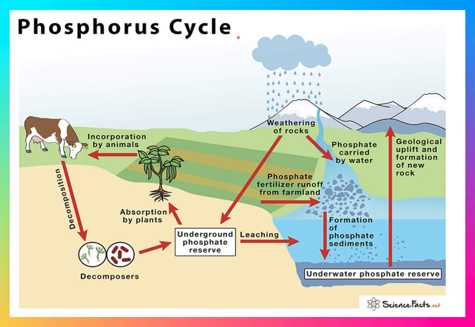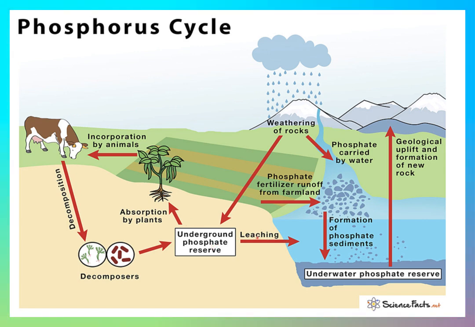The phosphorus cycle is one of those sedimentary cycles. Phosphorus is a main component in living and non-living areas, and it is taken up. We'll start here in the underground phosphorus reserve. Phosphorus is taken up by plants, eaten by animals. The animals die, and the decomposers recycle the phosphorus into the underground parts of the earth.